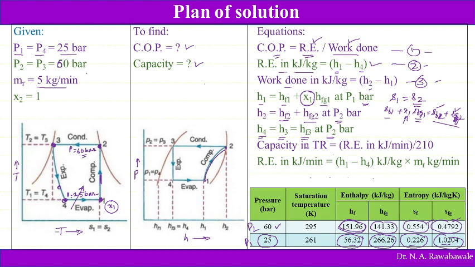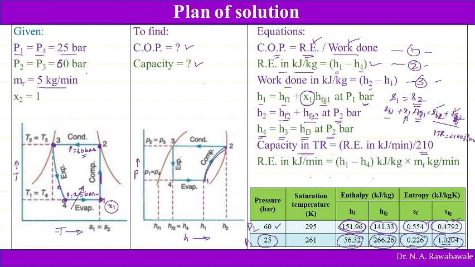Then to find out capacity in terms of tons of refrigeration, first we must know the refrigerating effect in kilojoules per minute. 1 ton of refrigeration is equal to 210 kilojoules per minute, so to convert the refrigerating effect from kilojoules per minute into tons, we have to divide it by 210 kilojoules per minute.